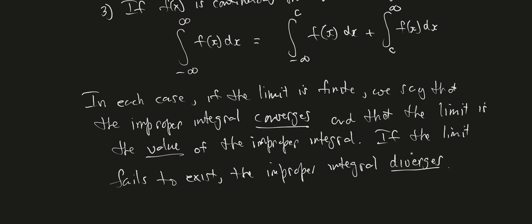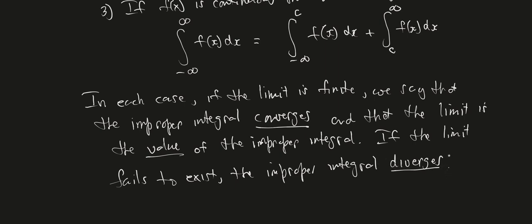All right, so diverges just means that, as we let our upper and or lower limits go to plus or minus infinity, the area function doesn't approach a fixed number. It might oscillate, or it might go off to infinity or negative infinity itself.